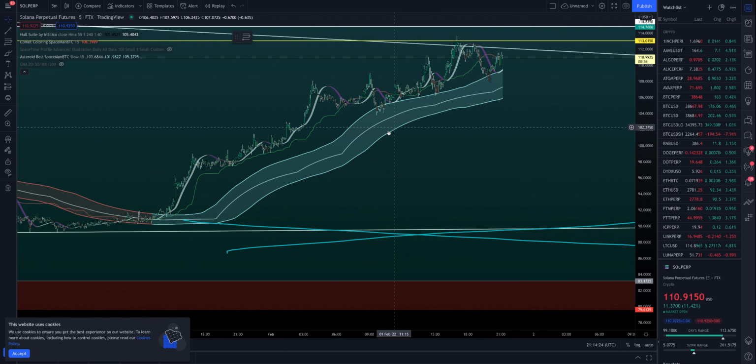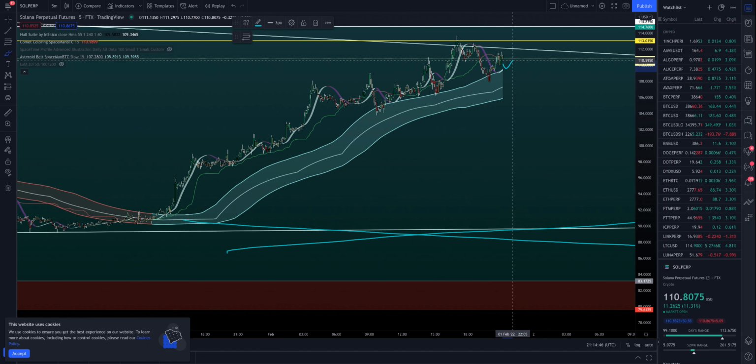Now, if the trend is still bullish, the bottom level will always be the bottom before another leg up. So if it came all the way down here, this would be where I want to go long. Now say it did, and we came down to this bottom level here.